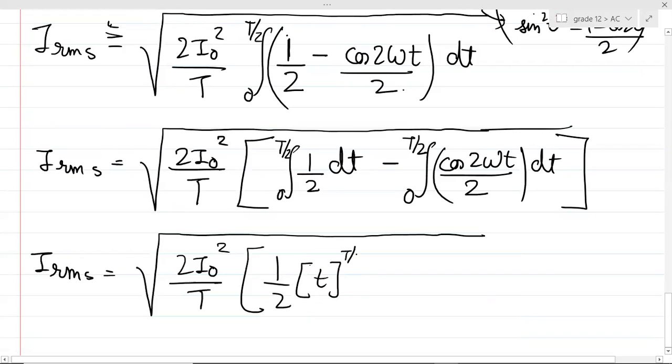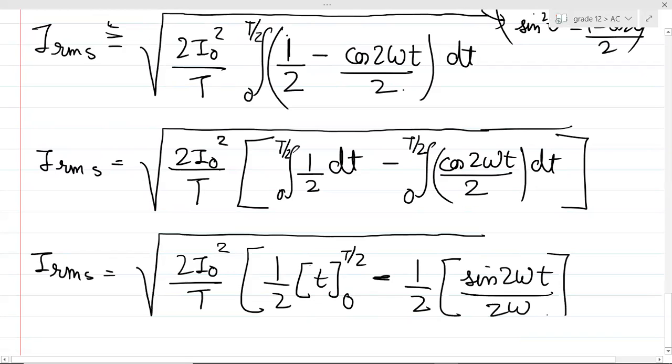The limits are from t by 2 to 0, minus this 1 by 2 will come out. Can you see this 1 by 2 will come out? And it will be integration of cos 2 omega t. What is the integration of cos 2 omega t? Sine 2 omega t divided by 2 omega.